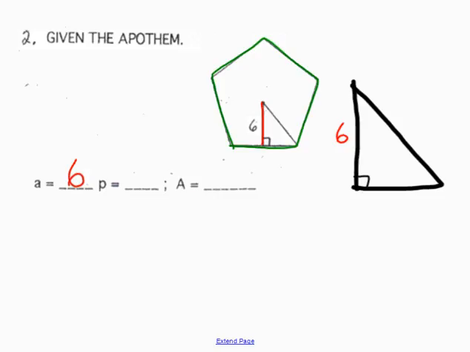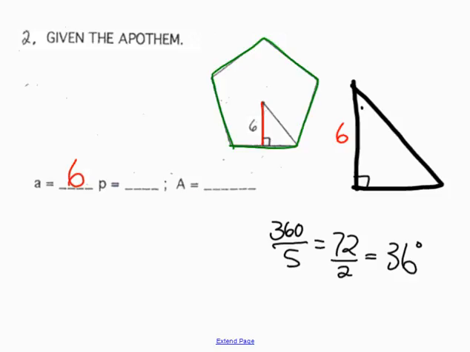I have to figure out the angle on the top of the triangle right here. So in order to figure out the angle, I have to take 360 divided by 5, which equals 72, divided by 2 to get 36.